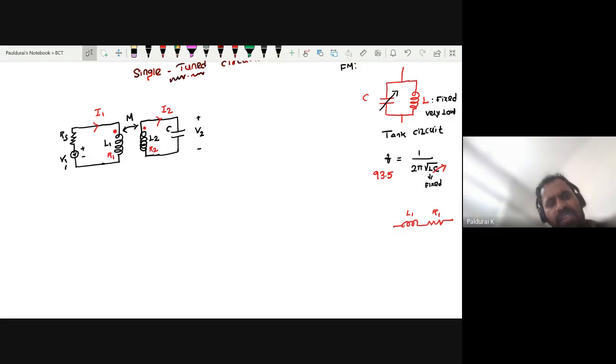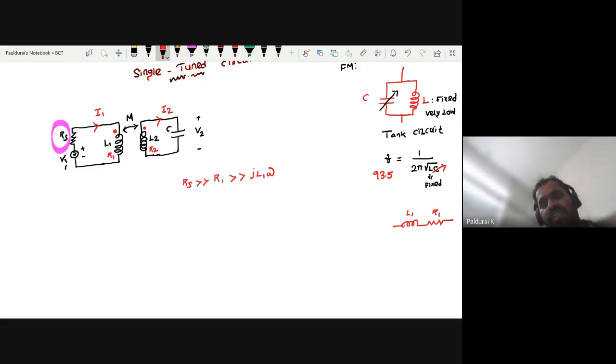Here the very first assumption, please make this Rs, the source resistance, very, very greater than the internal resistance of coil 1, and this internal resistance is very, very greater than the reactance of the inductor.